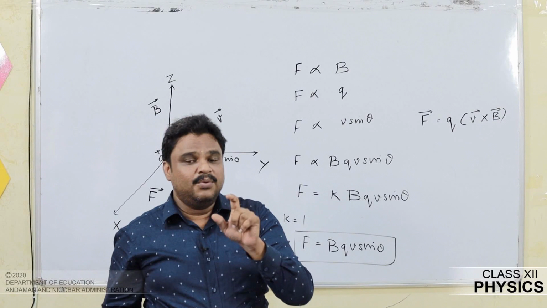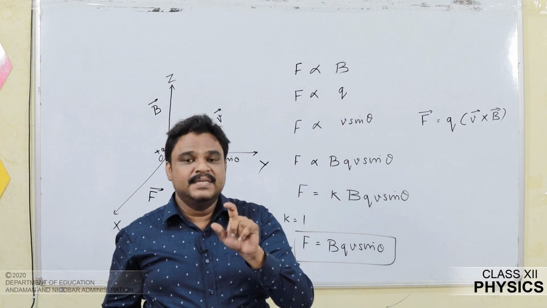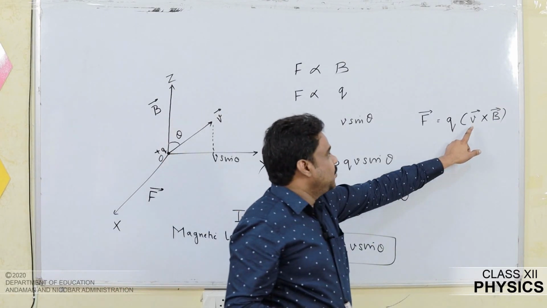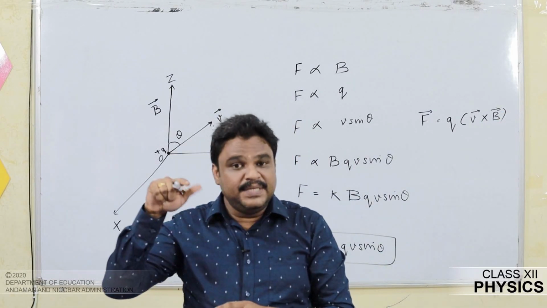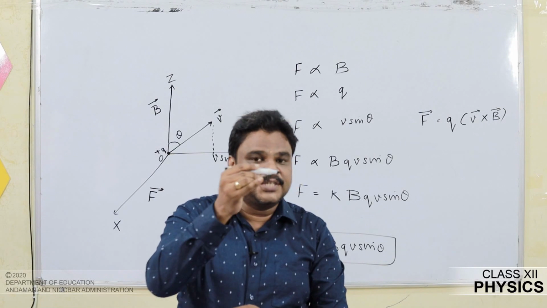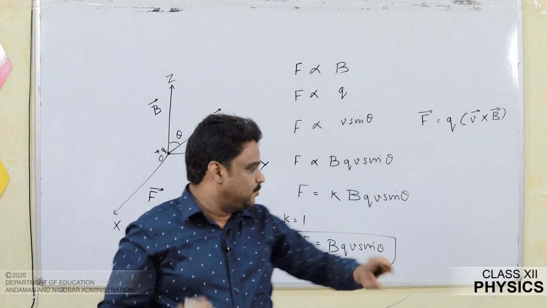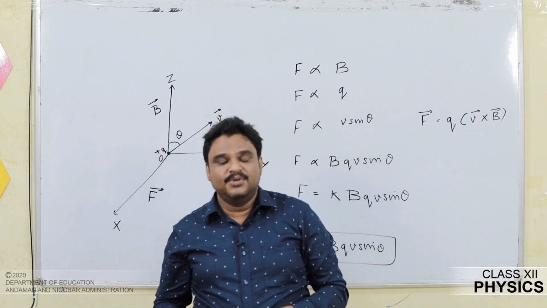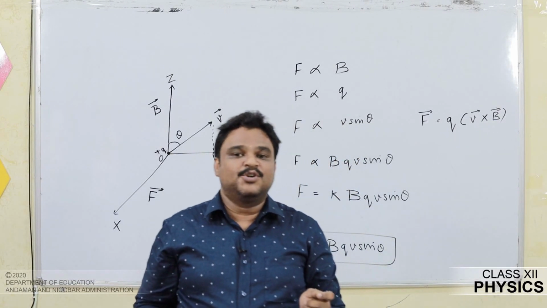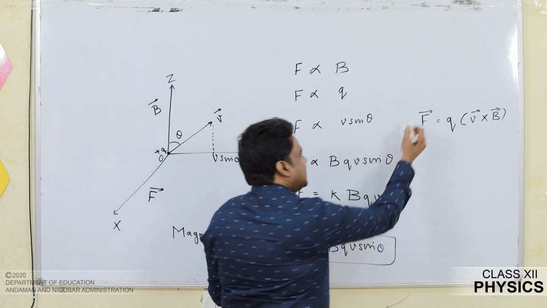If I rotate the screw from v to B, the direction of advancement of the screw will be along F. Please don't interchange them and write B cross v, because the cross product does not obey the commutative law. So this is the vector form of the magnetic Lorentz force.